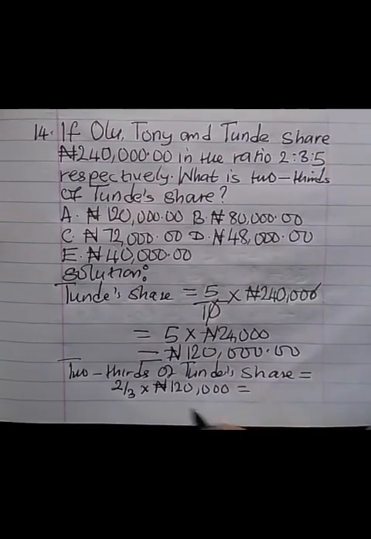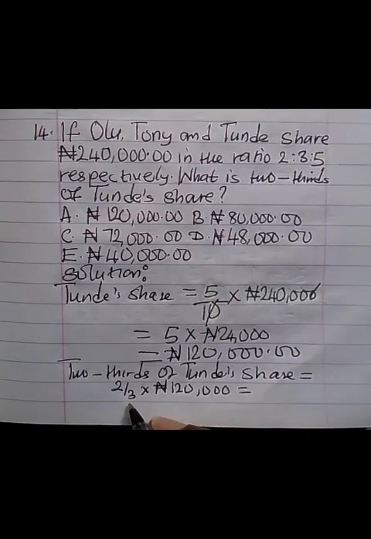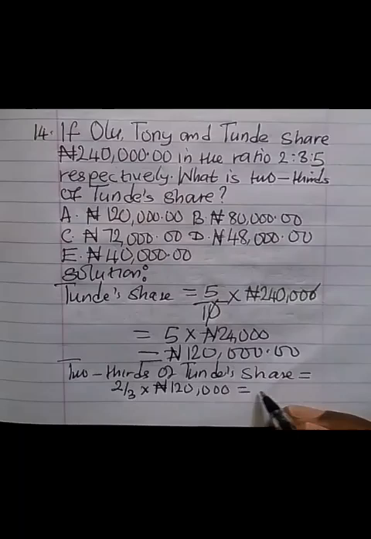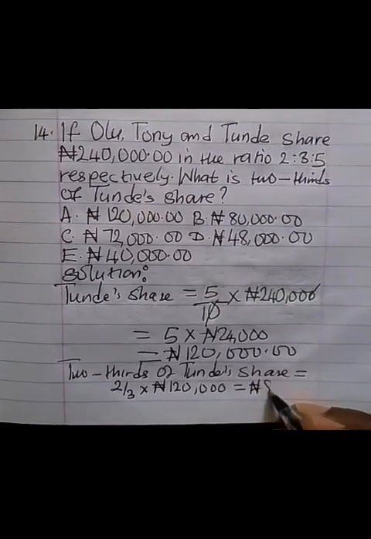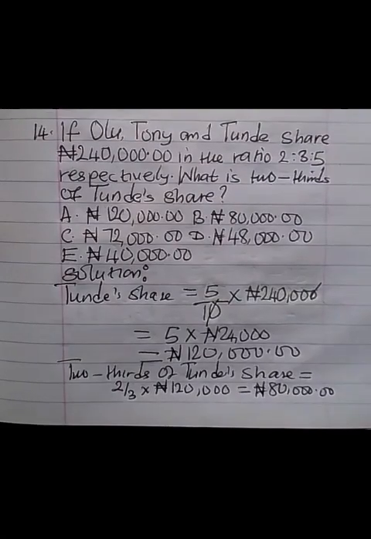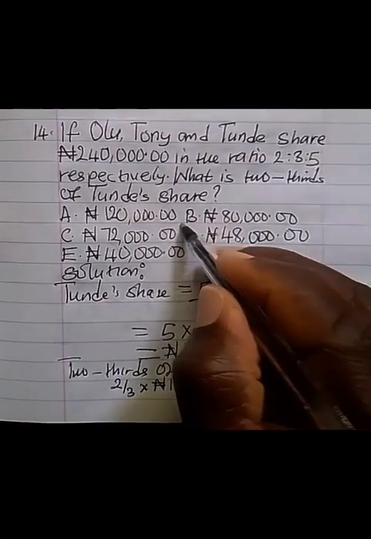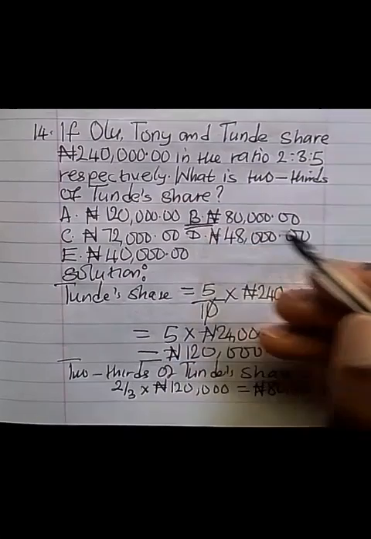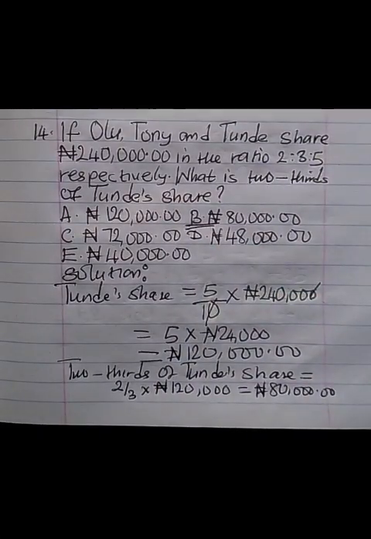If you divide 120 by 3, you have 40. Multiplied by 2, that is 80,000. The correct option is B.